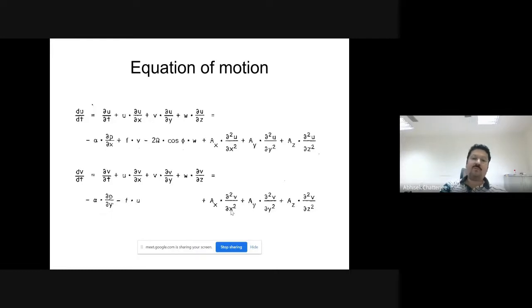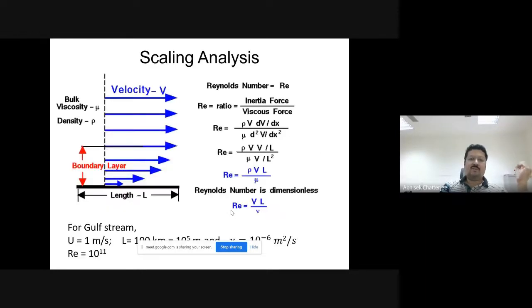So we looked at when we can actually avoid certain terms so that our life becomes simpler. In order to do that, we introduced a method called scaling analysis, which allows us to remove certain terms which may not be very important in this case.